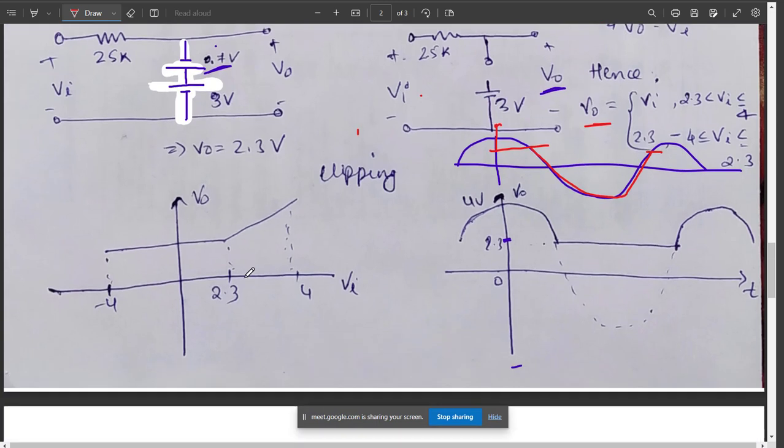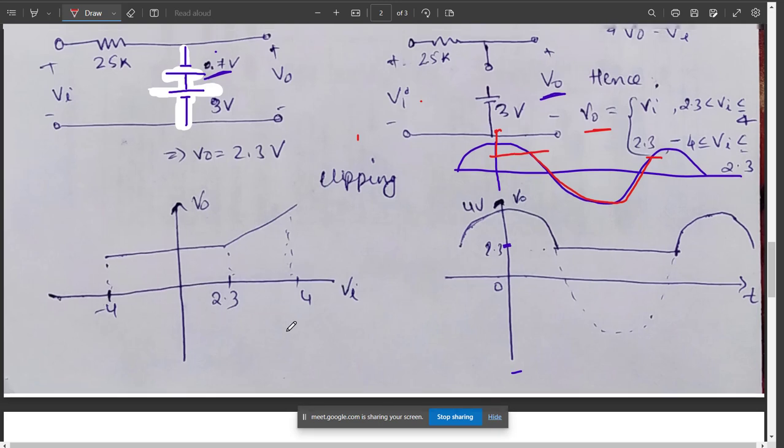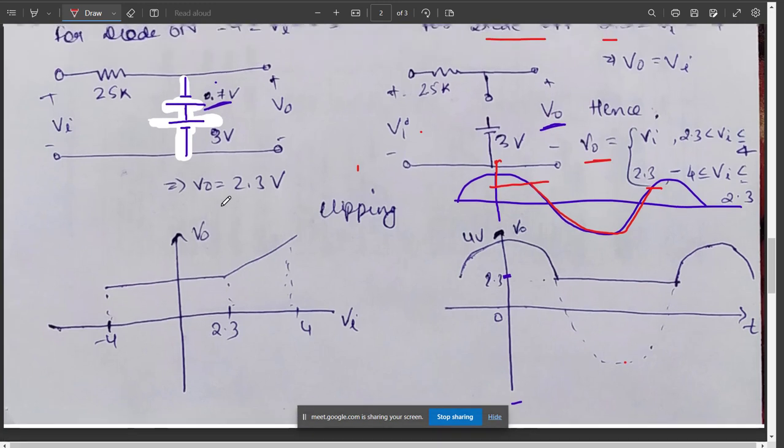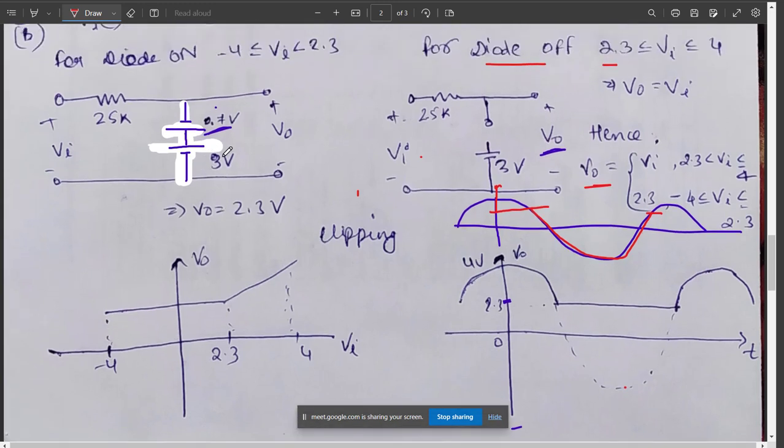Got it? So if we make a graph of Vi and VO, something like this we can make. That means when our Vi is from -4 to +2.3, our VO is this branch, which is equal to 3 minus 0.7, that is 2.3 volts.